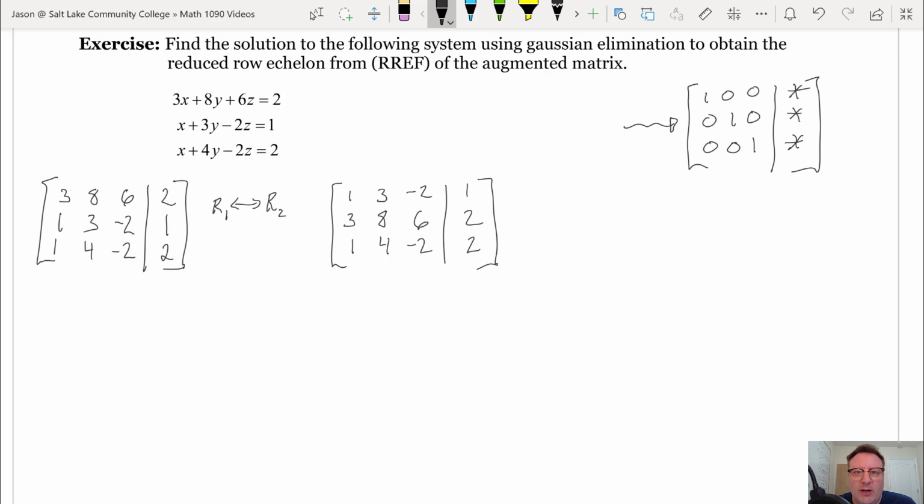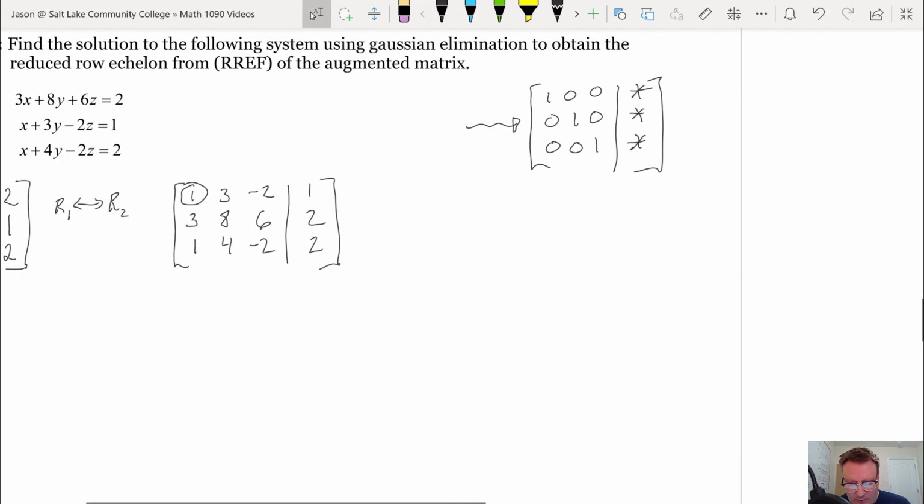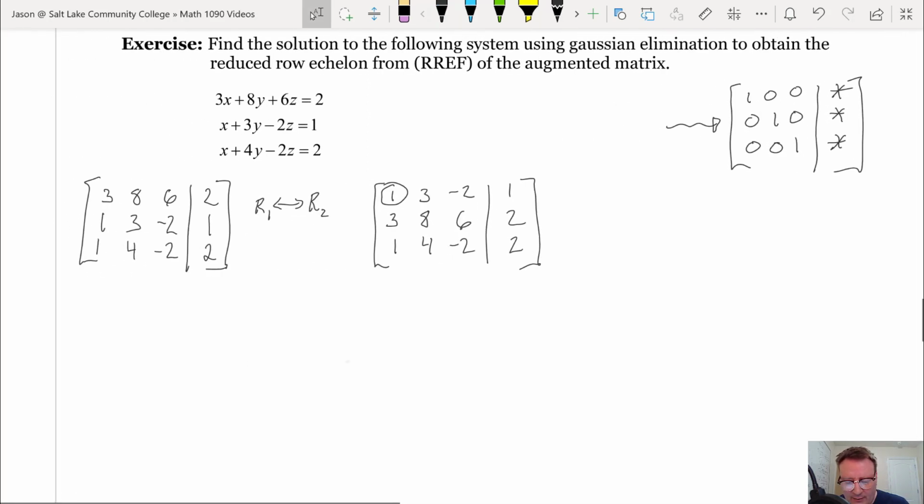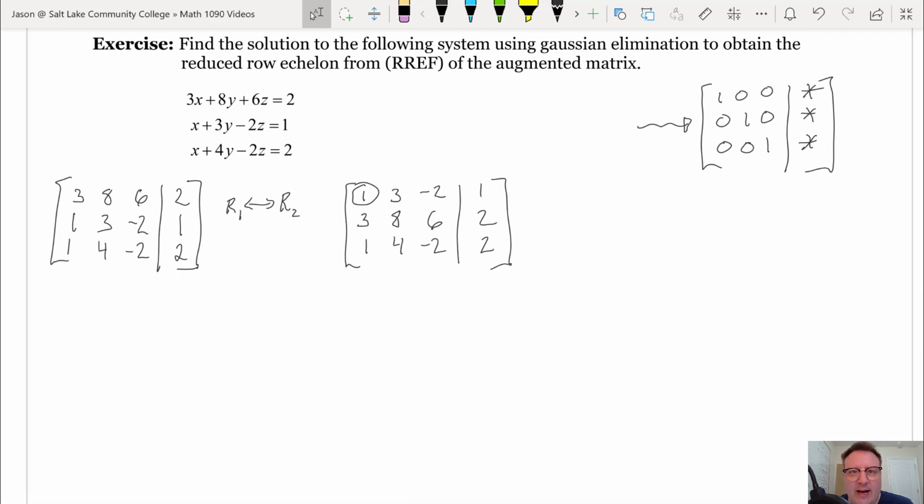Now I'm going to start clearing out the elements below this pivot value. Any element on the diagonal can be used as a pivot. A pivot is an element that you use to make zeros below or above that element.